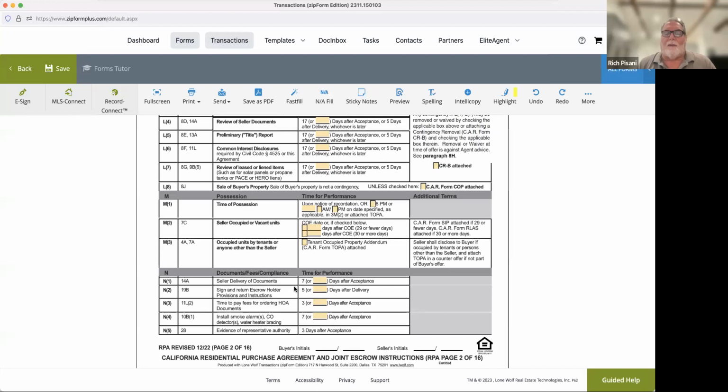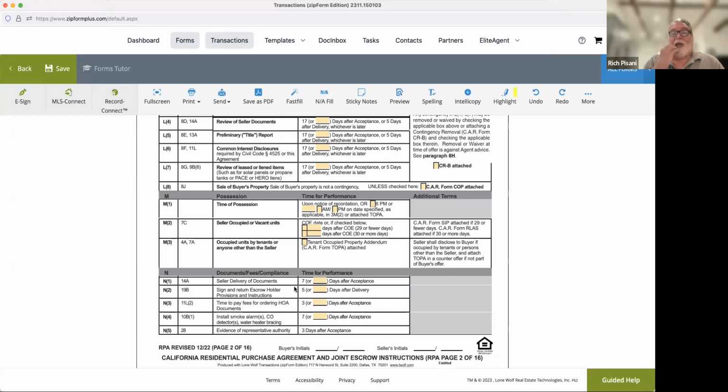Evidence of representative authority, 3 days. That means escrow is usually going to take care of this. If it's a trust or a probate, that paperwork will be asked for by escrow, the certification of trust and the actual trust.